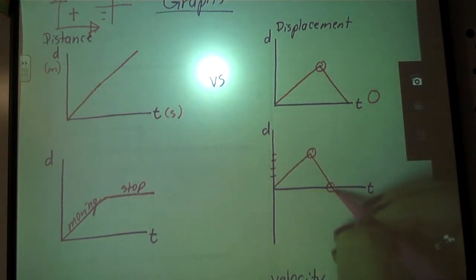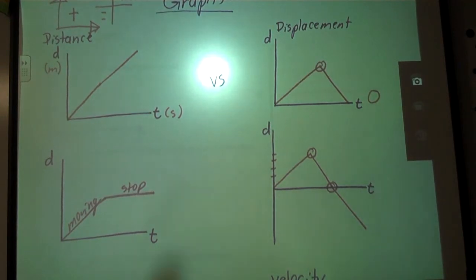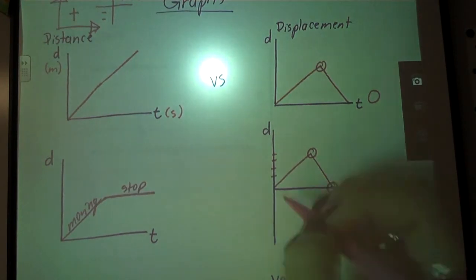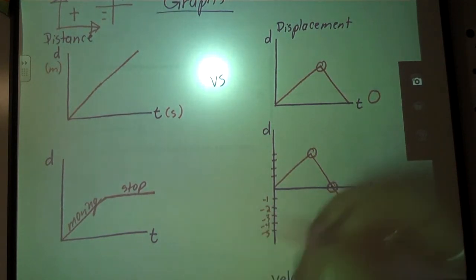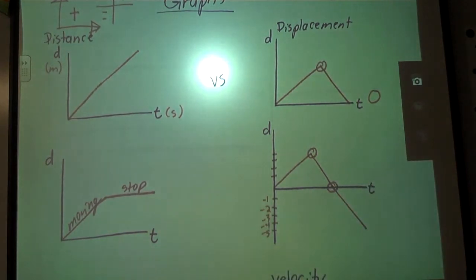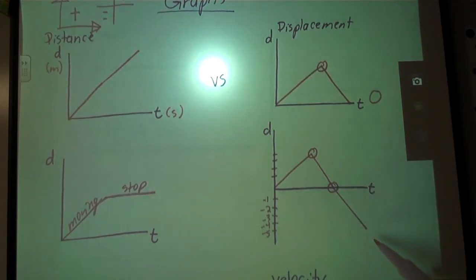So at this point, I am back where I started, back at the beginning. However, I continued onwards past my starting point. And if you think about these numbers, although they are negative, they are increasing in that negative direction because I am still moving. I am covering new distance away from my starting point in the negative direction. So use those negative signs to indicate which way you are going.